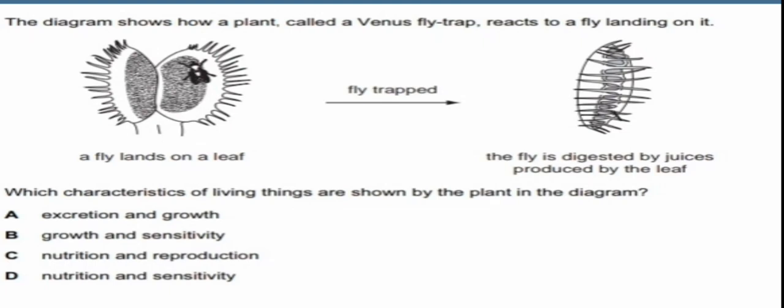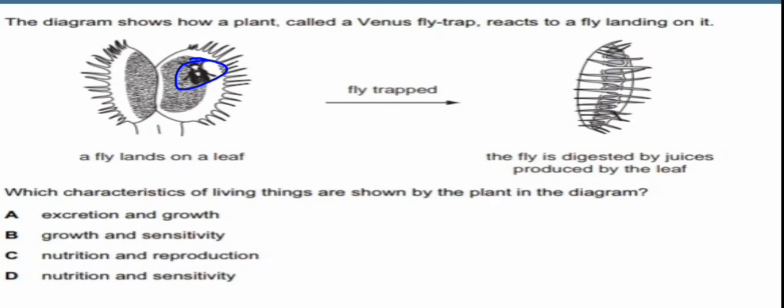So the first question is saying, the diagram shows how a plant called a Venus flytrap reacts to a fly landing on it. So we have the first stage here where a fly lands on a leaf. Once a fly lands on a leaf, the reactions are shown here.